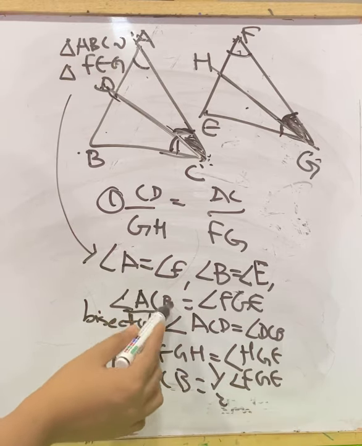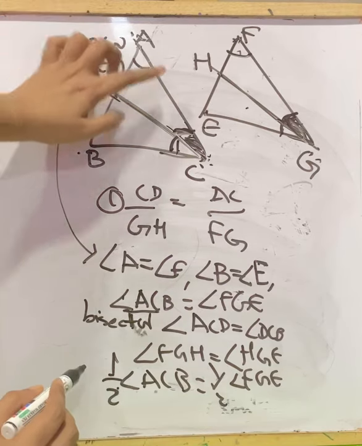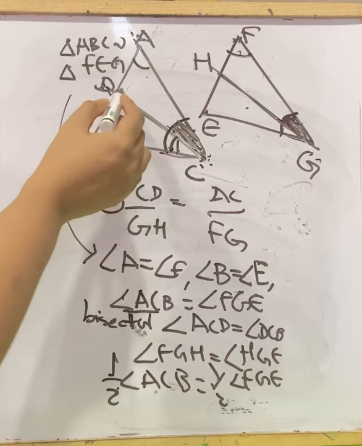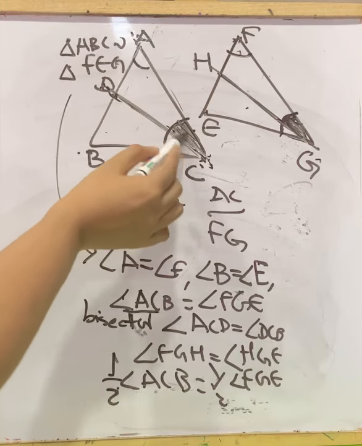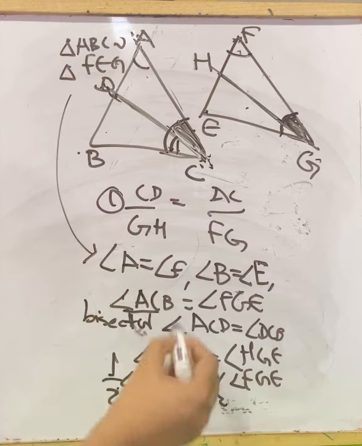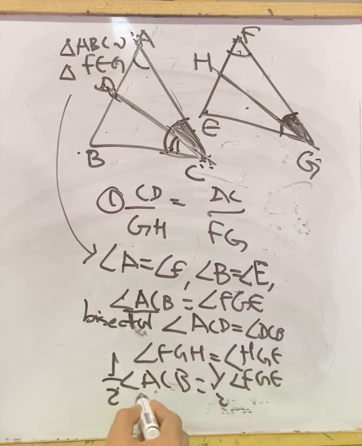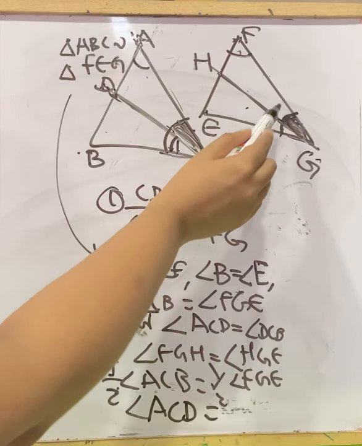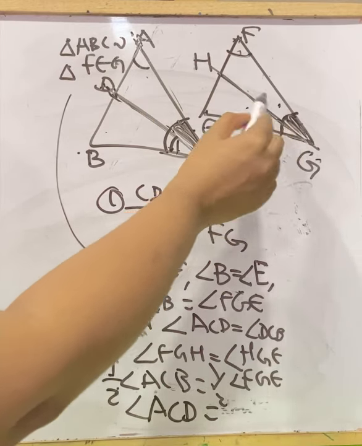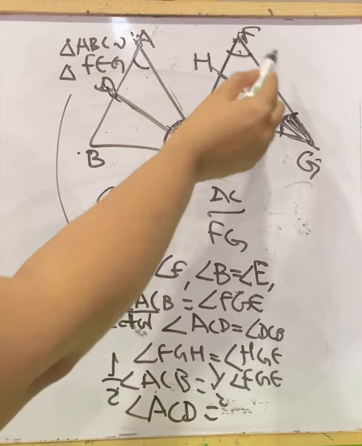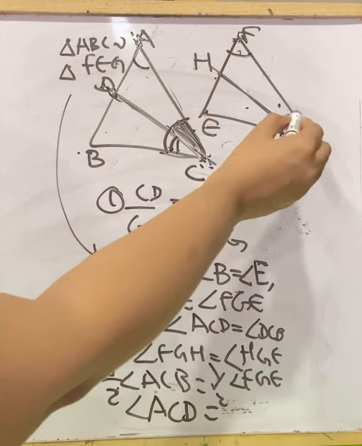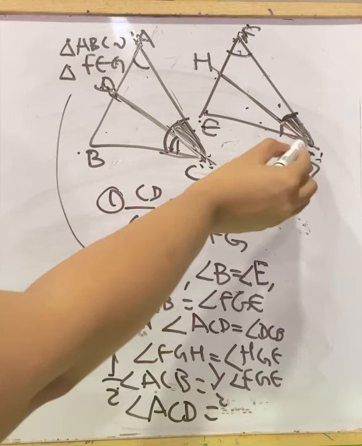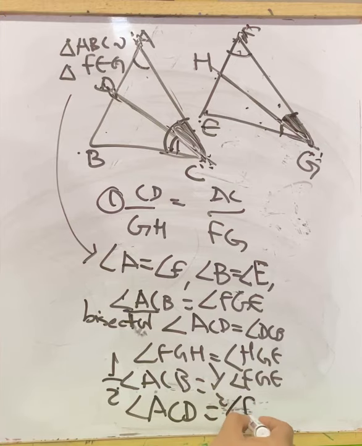We need this upper triangle, so we will take this half. So how will you write ACD? Angle ACD will be equal to half of FGE, and we consider this one because we need the upper triangle. So this is FGH, only this part, angle FGH.